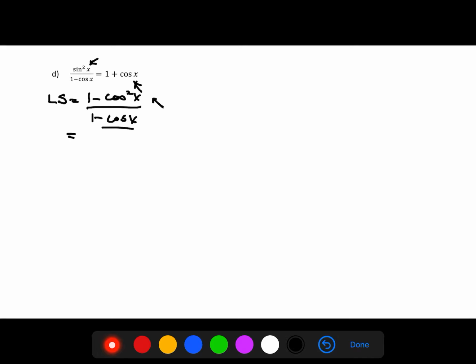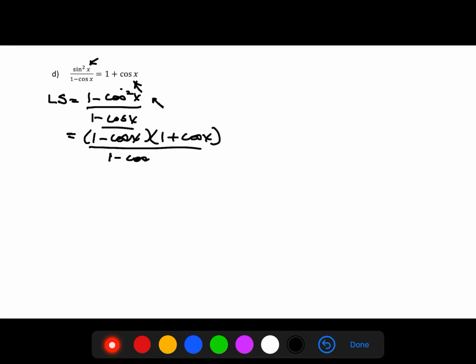Now we notice that we don't have a denominator in the right side. So we should be able to simplify and get rid of this denominator somehow. Well, if we take a look at 1 minus cos squared x, notice that that is a difference of squares.